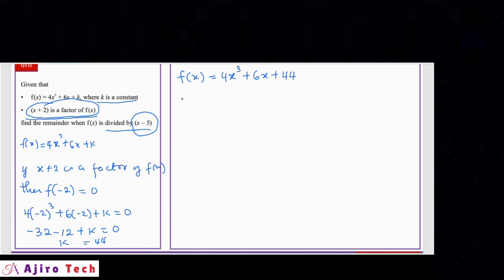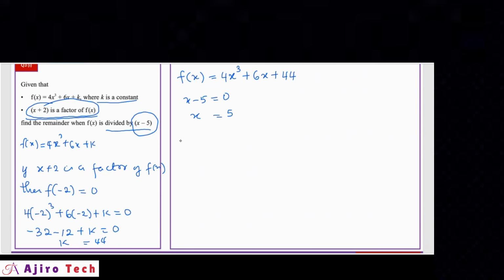So x minus 5 equals to 0. Okay, so that means x equals to 5. So let's plug that in, because we know that if it's a factor, then f of that number will be 0.